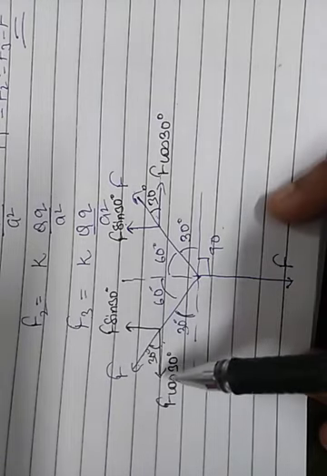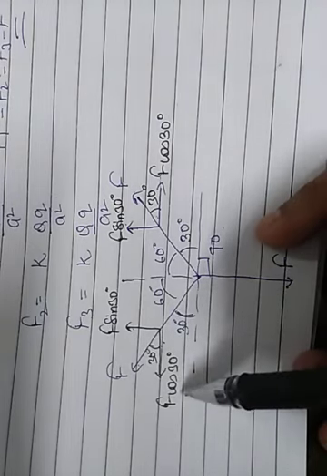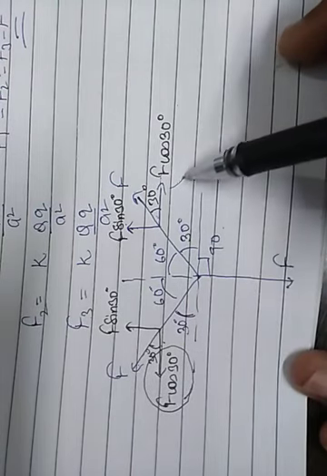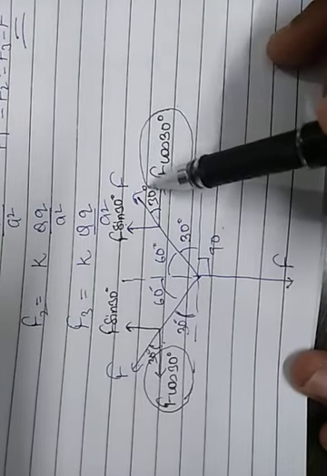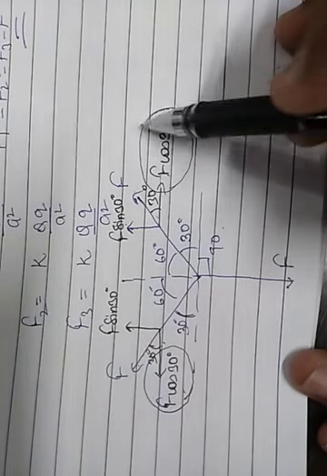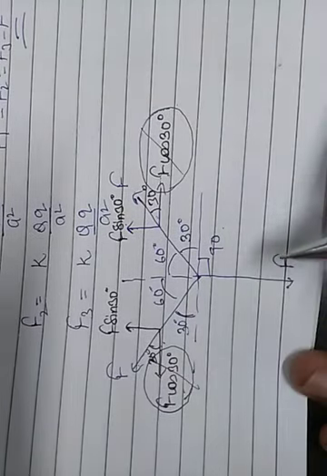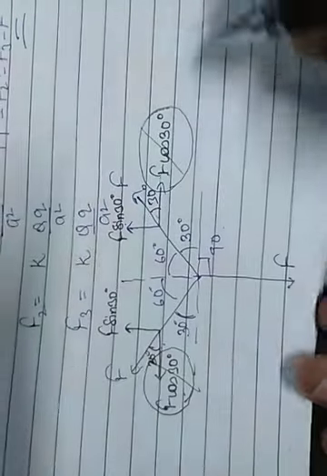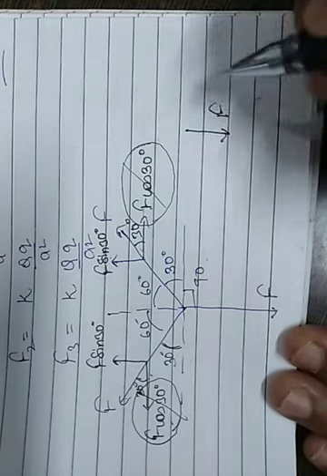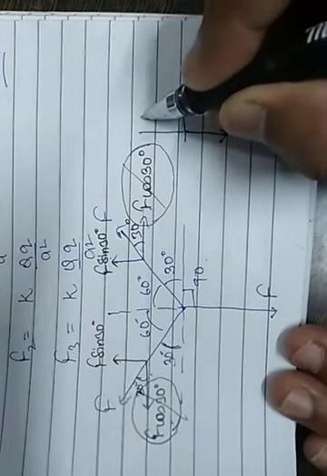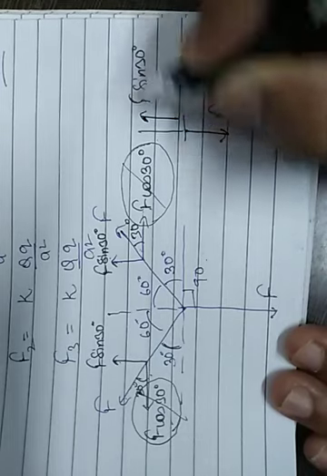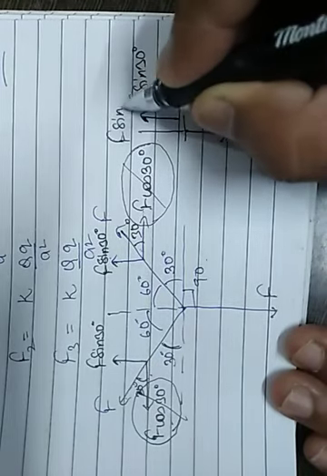Now see, check the horizontal forces. This is the horizontal force along minus i cap, and this is the horizontal force along plus i cap. They are equal in magnitude but in opposite direction. That's why they cancel each other. Now if we look at the vertical forces, vertically downward there is a force, that is F, and vertically upward there are two forces, F sin 30 and F sin 30.